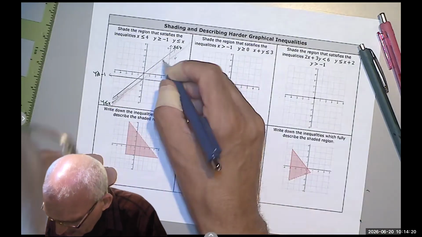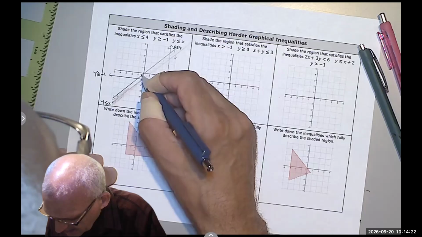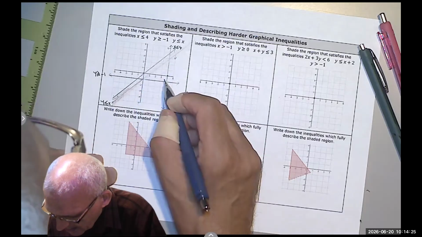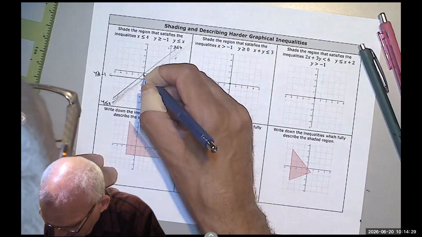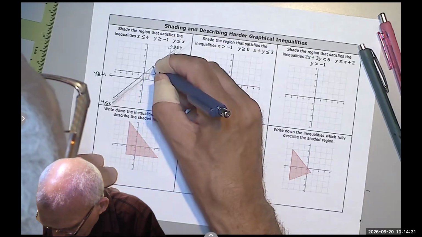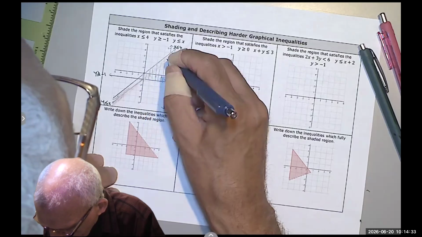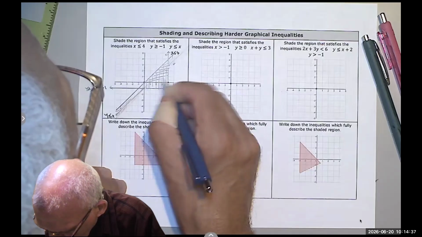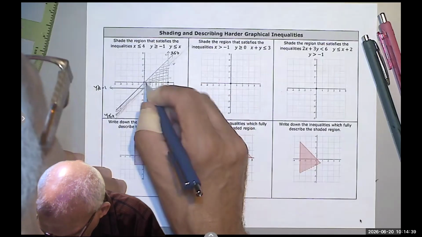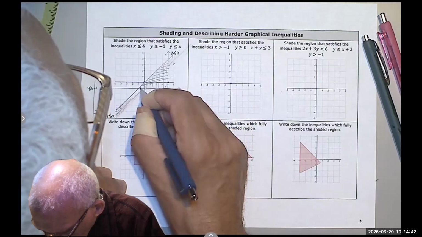So now below this line, above that line, and to the left of this line. This is the area that we should shade.